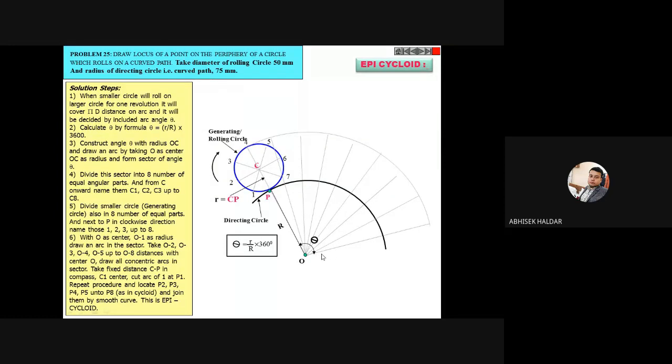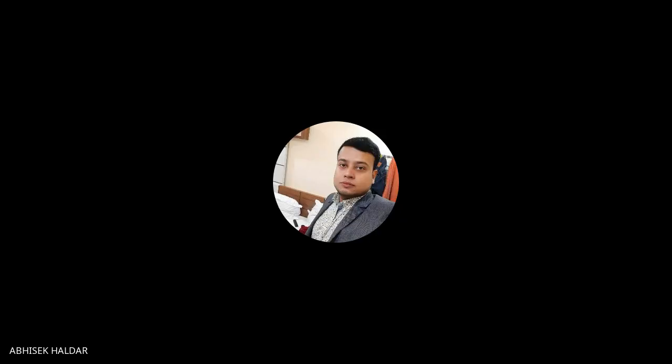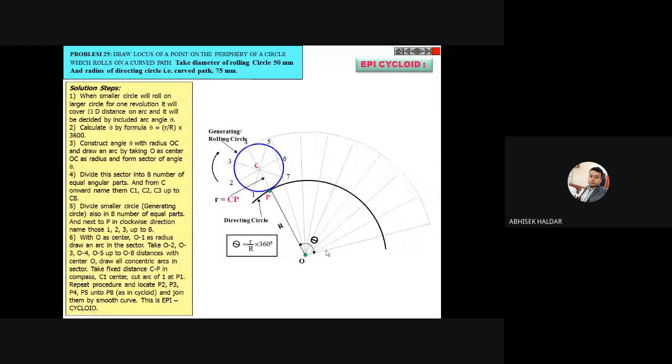First you bisect that angle, you will get 2 equal parts. Each of the parts you bisect again, you will get 4 equal parts. Go on bisecting 3 times, you will get 8 equal parts. So divide this angle into 8 equal parts.